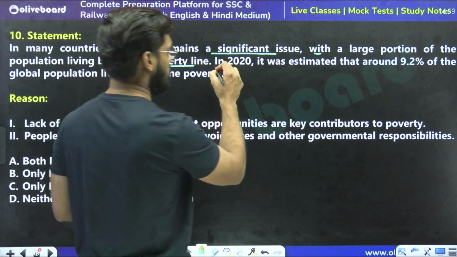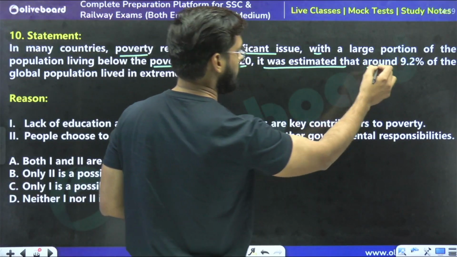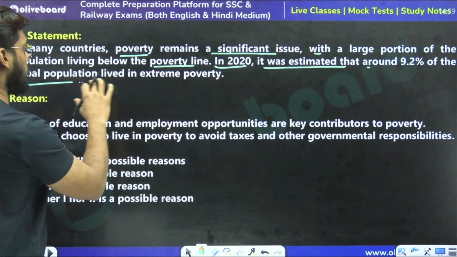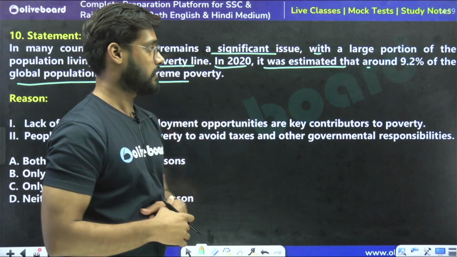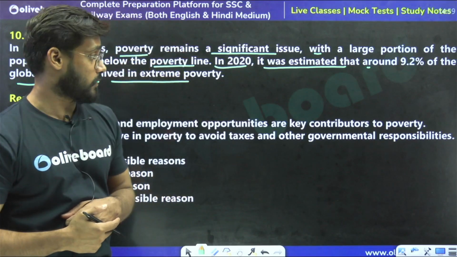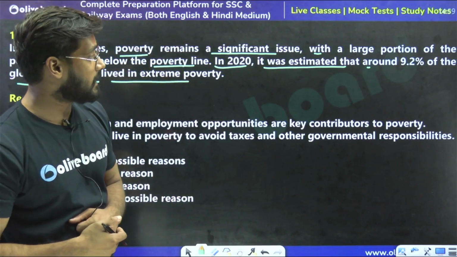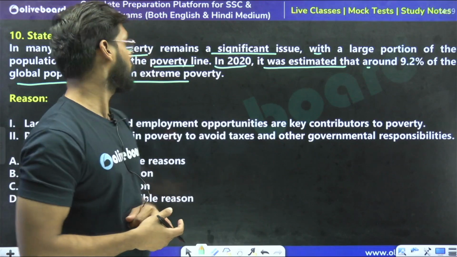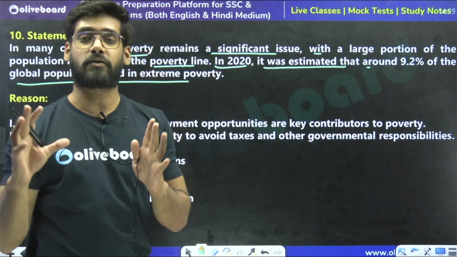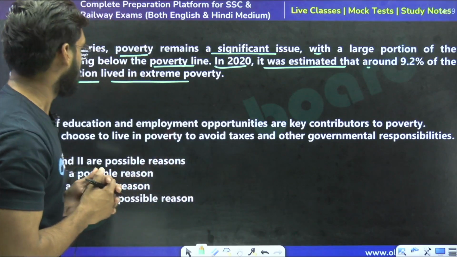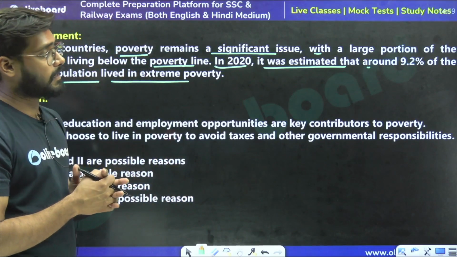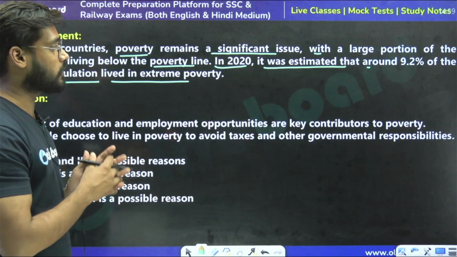In 2020, it was estimated that around 9.2% of the global population lived in extreme poverty. It was around 9.2% in 2020, right?